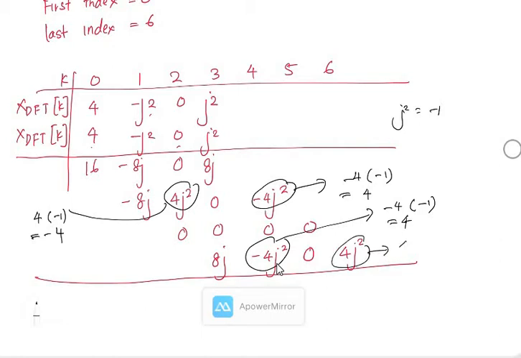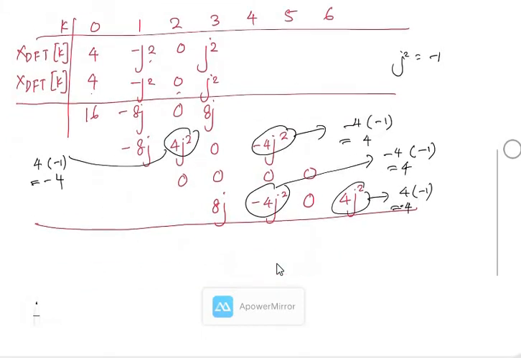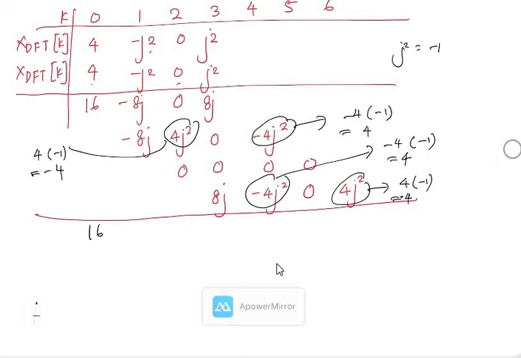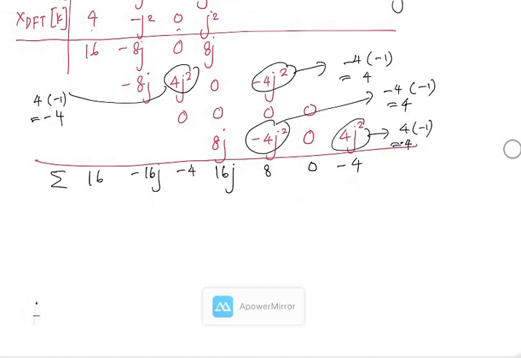The total answer is 16. This is the summation: 16, minus 16j, minus 4, 16j, 8, 0. This is 4 plus 4, 8, and this one is negative 4. So in order to solve this question, you must remember to change the j squared into negative 1, so you get the value.